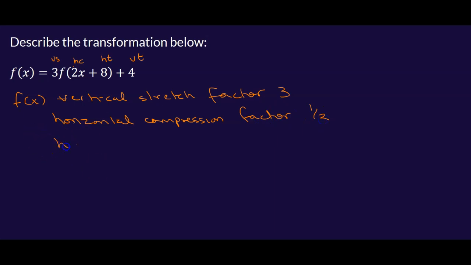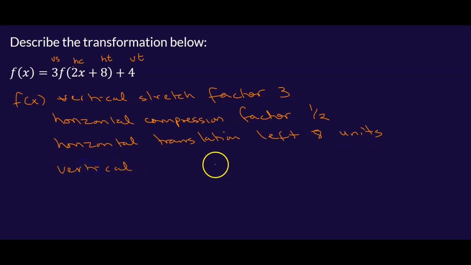Then we have a horizontal translation, and we're going left 8 units. And then we have a vertical translation up 4 units.